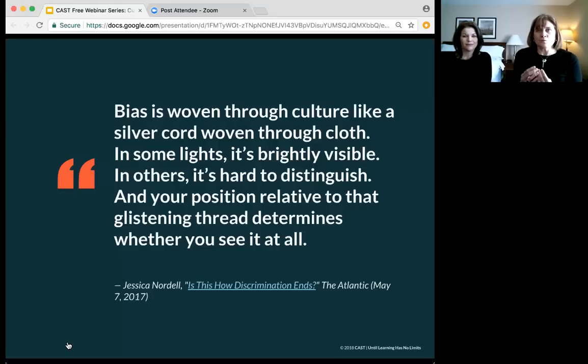I just thought that was a really nice way to open ourselves to this consideration of culture and thinking about the fact that what we see really depends on where we are positioned relative. And it's a really nice fit with variability also, because that variability is our relationship with the context. So we have a nice enmeshment of those concepts right here within the quote.